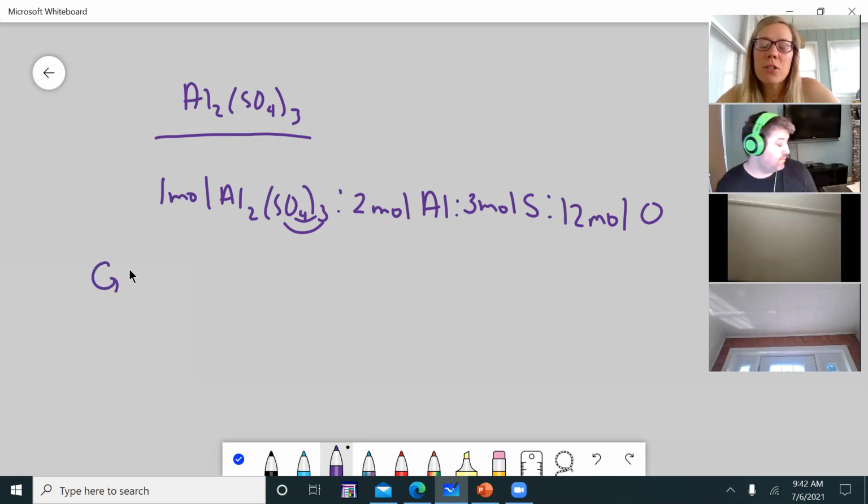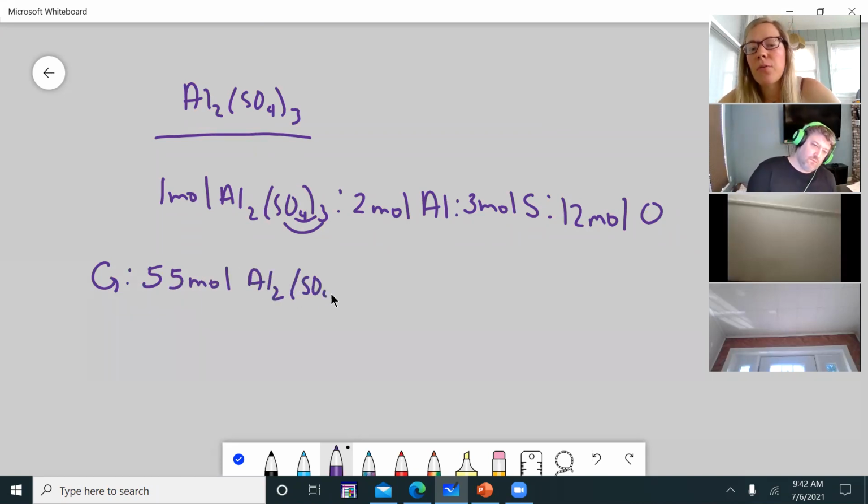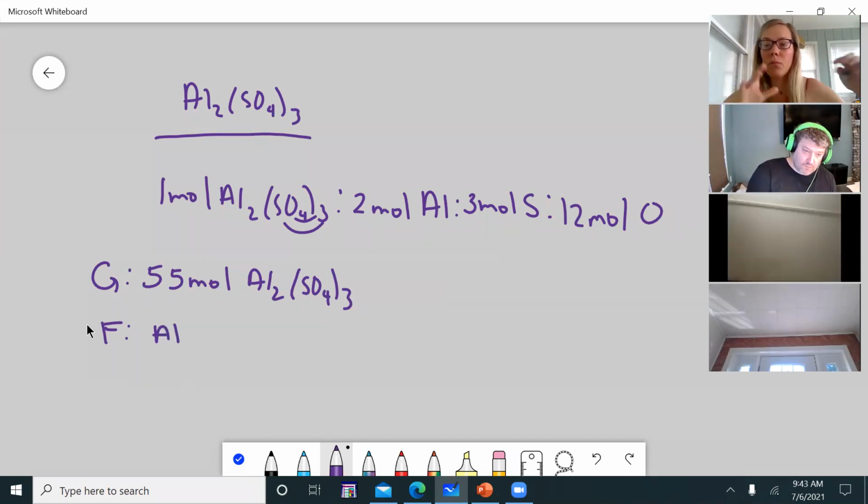So let's say that your given information says that you have 55 moles of Al2(SO4)3. And I want you to find moles of aluminum. Well, there's a built-in ratio. It's this here to this here.